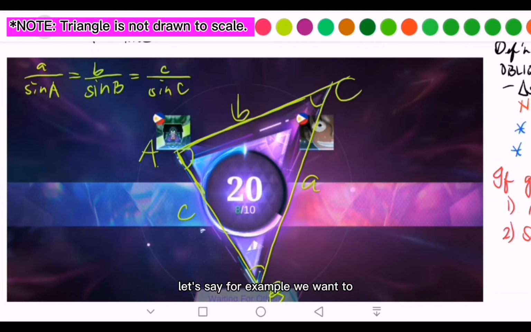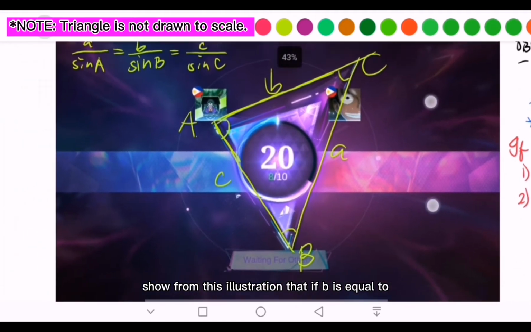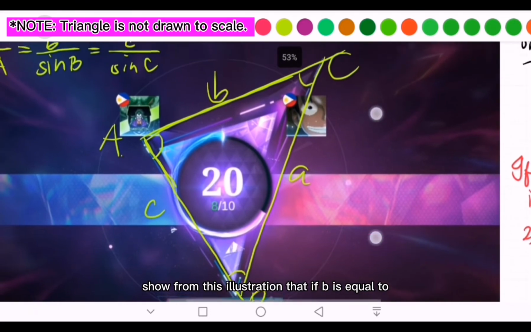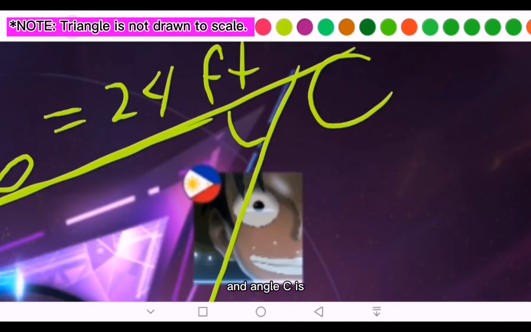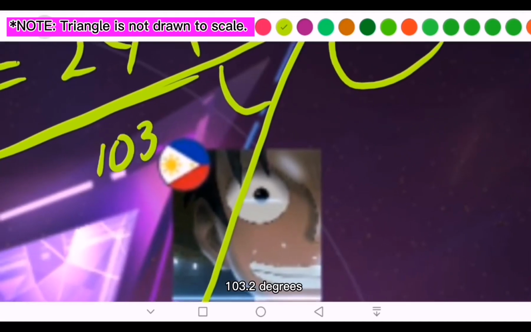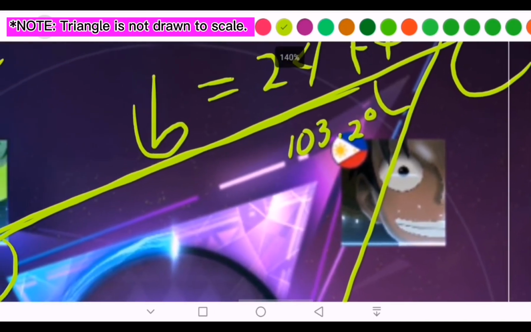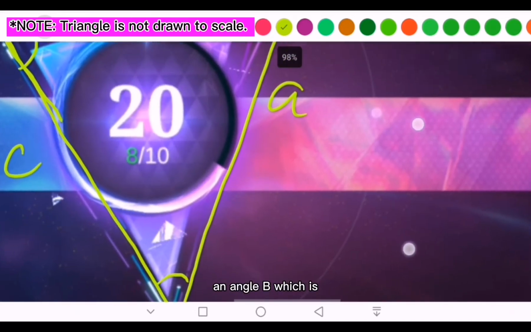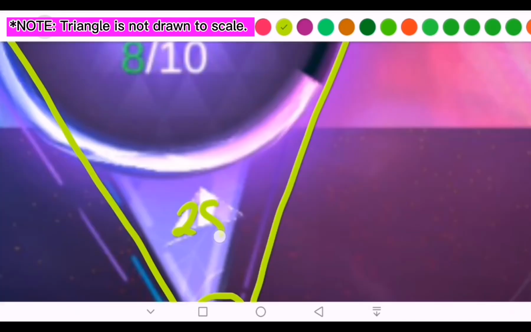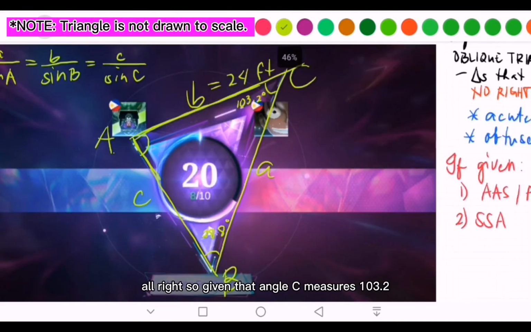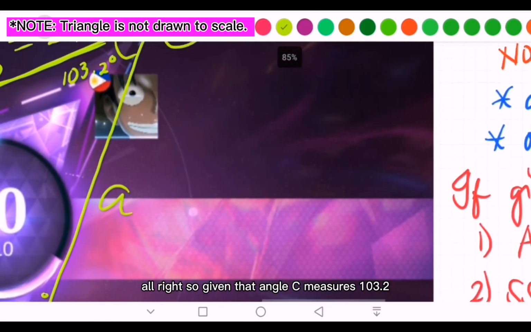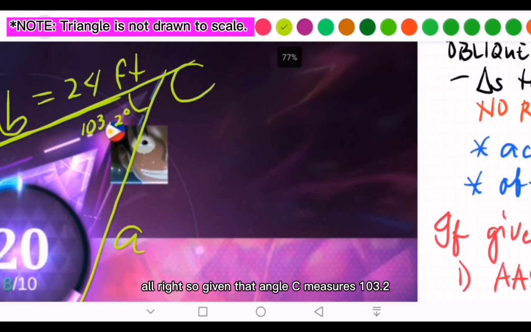Let's say, for example, we want to show from this illustration that b is equal to 24 feet, together with angle C, which is 103.2 degrees, and angle B, which is 28.8 degrees.